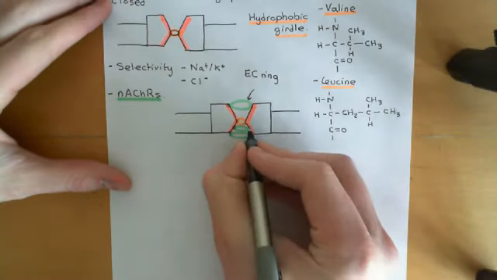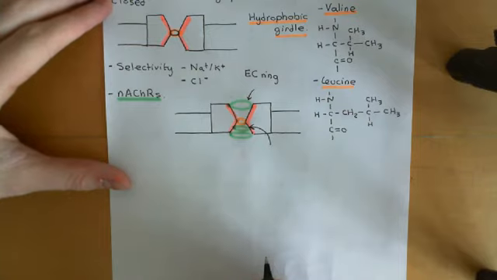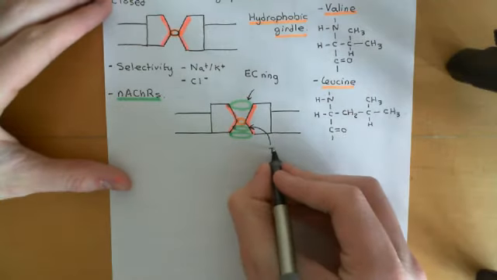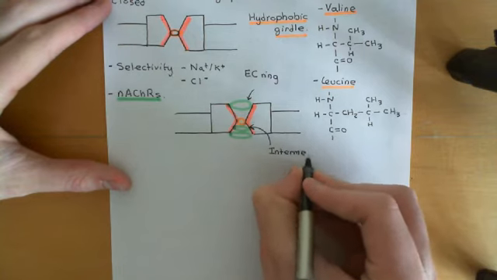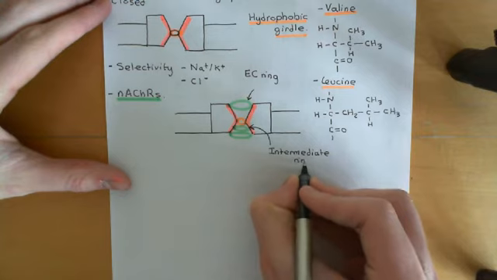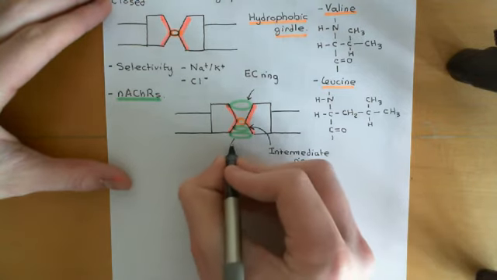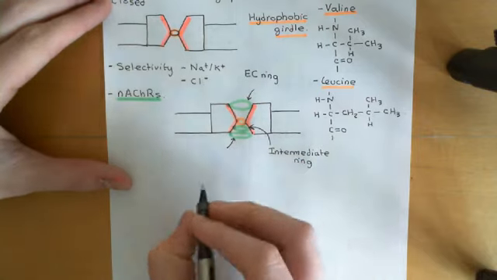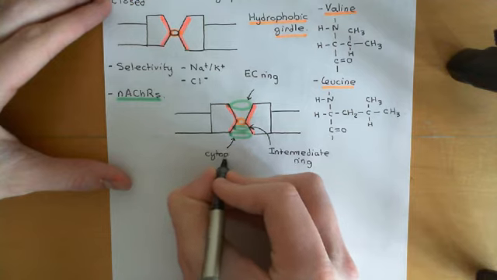The one in the middle, just below the hydrophobic girdle there, is called the intermediate ring. Then we've got the one that's underneath the intermediate ring, on the cytoplasmic side of the nicotinic acetylcholine receptor transmembrane domain, and this is called the cytoplasmic ring.